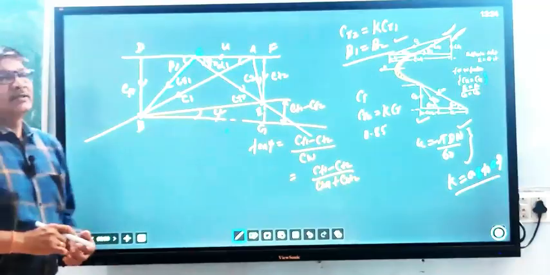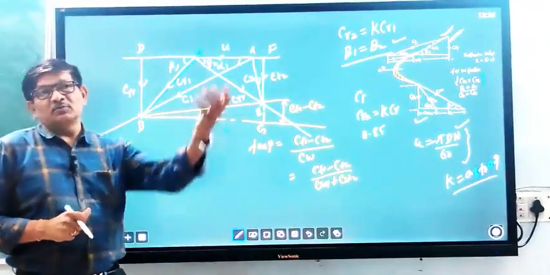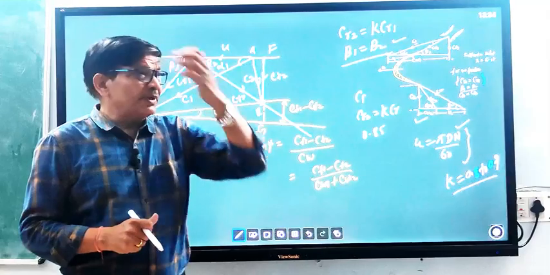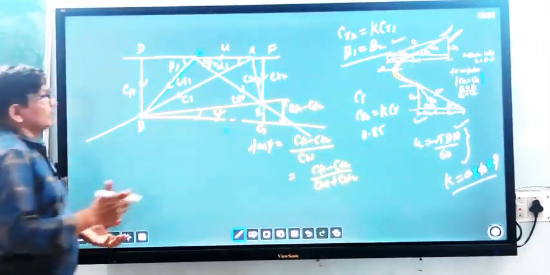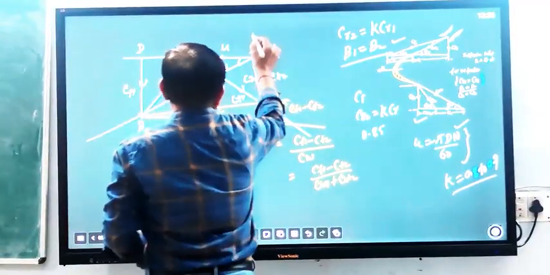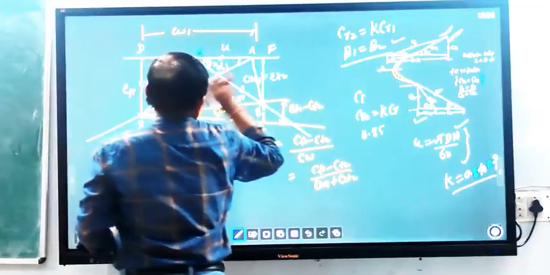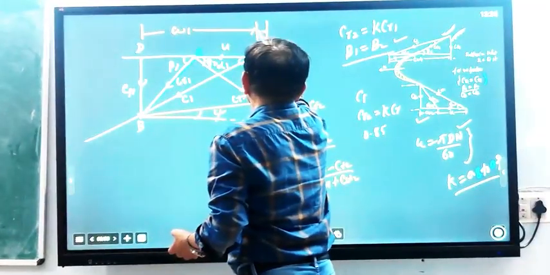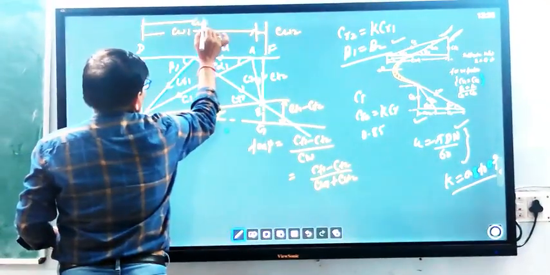So this is the case for the actual diagrams. There are some more complex velocity diagrams, which we will discuss later. From this diagram you can calculate all these values. From here to here it is CW1, and from A to F it is CW2. The whole value from D to F equals CW.